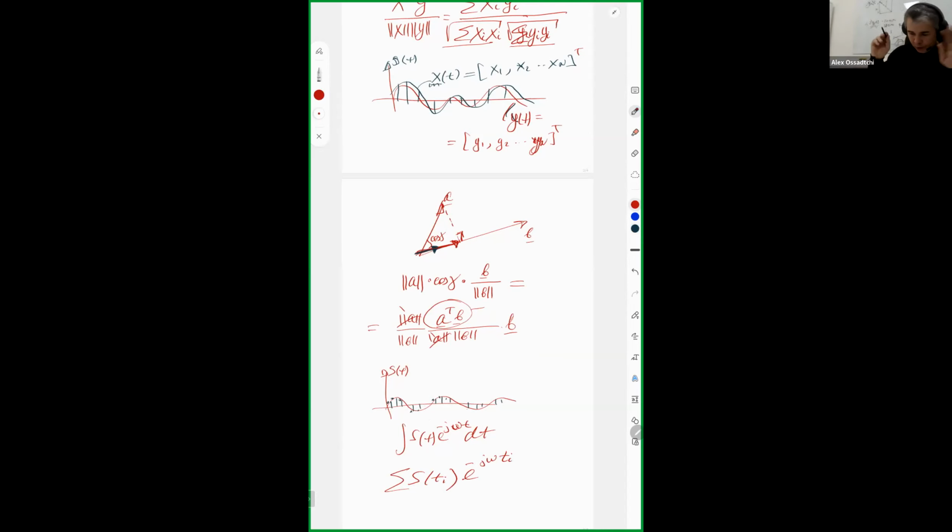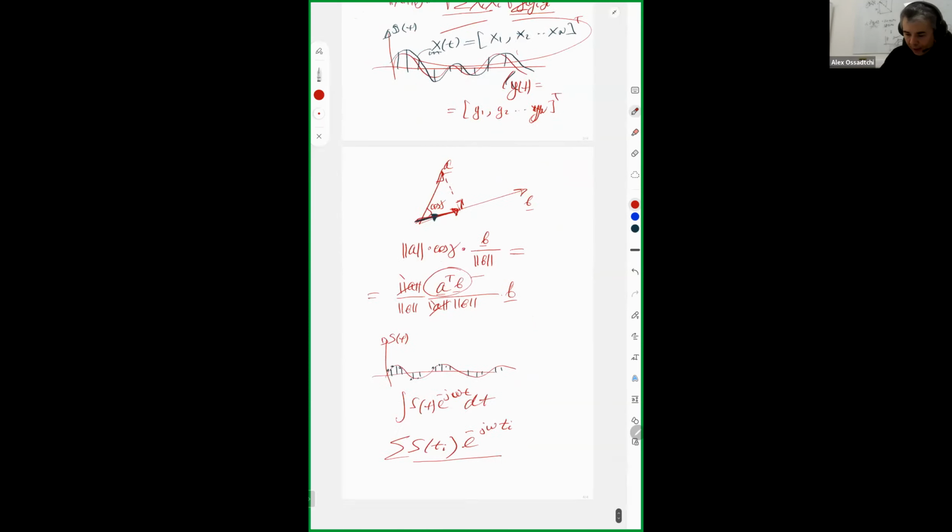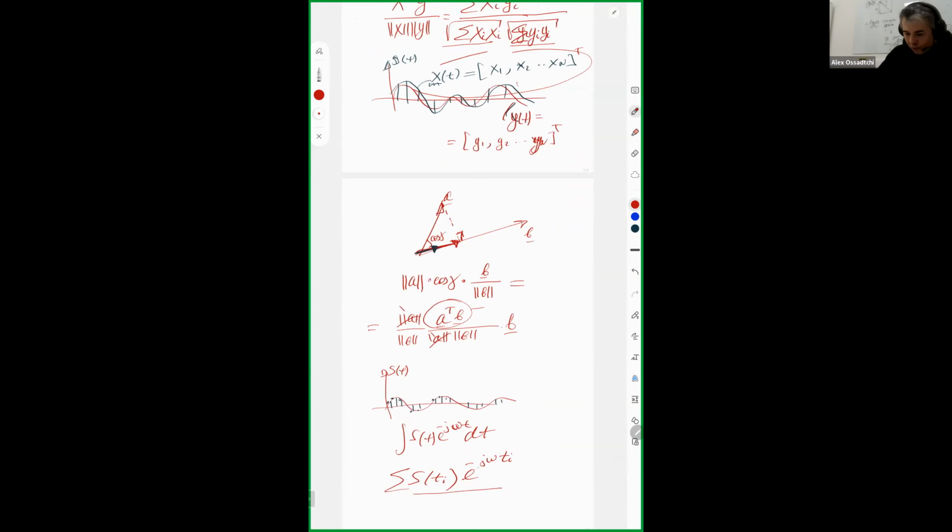So the dt goes away, and we simply have the scalar product of the vector s of t sub i, your samples, and the values of your basis functions, which are complex exponents: cosine of omega t sub i plus the square root of minus 1 multiplied by sine of omega t sub i. You can think of them as two different basis functions, or as one complex basis function.